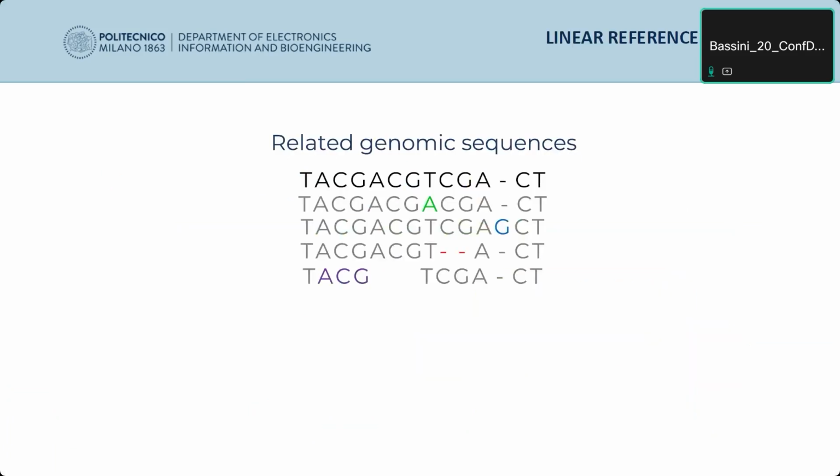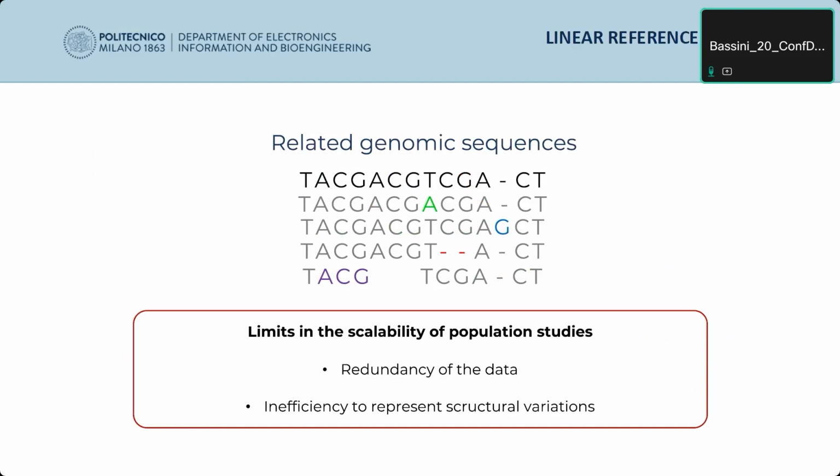Until 2015, the computational tasks were always supported by a linear representation of the genome, which however limits the scalability of population studies because of the redundancy of the data and the inefficiency in representing structural variations.